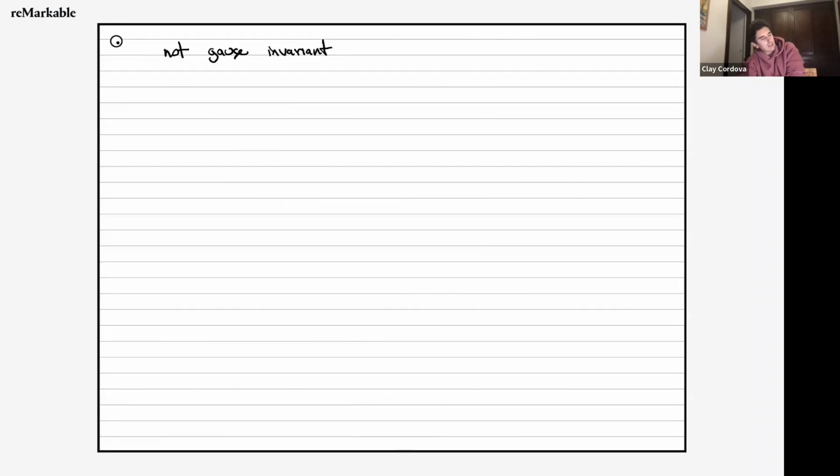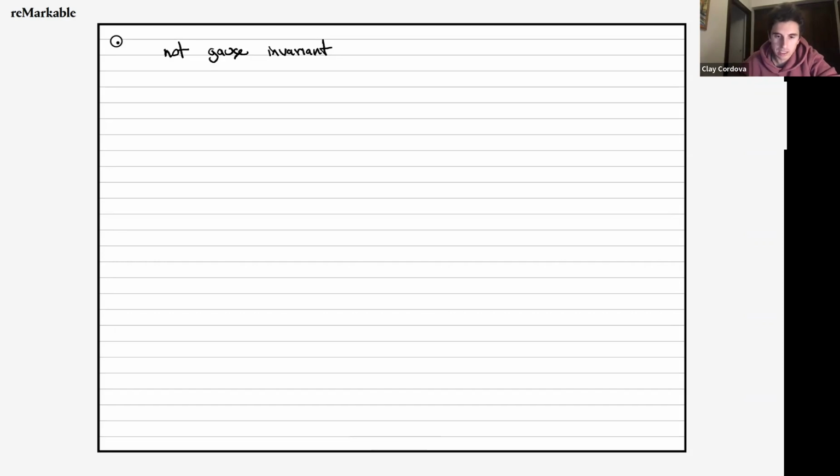It's close, but somehow the next step didn't occur to people for some number of decades. Maybe it wasn't that important. But we could try to pin down what makes it not gauge invariant.